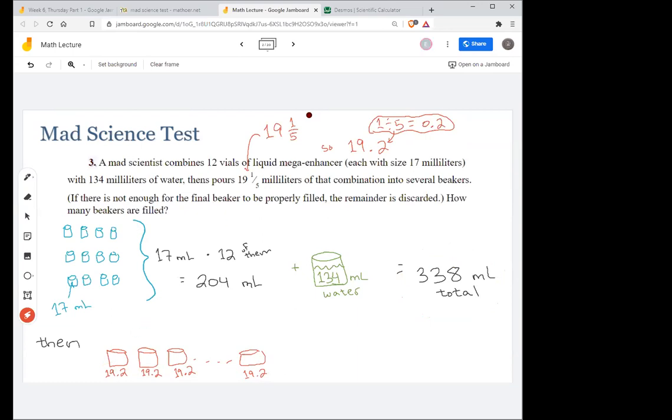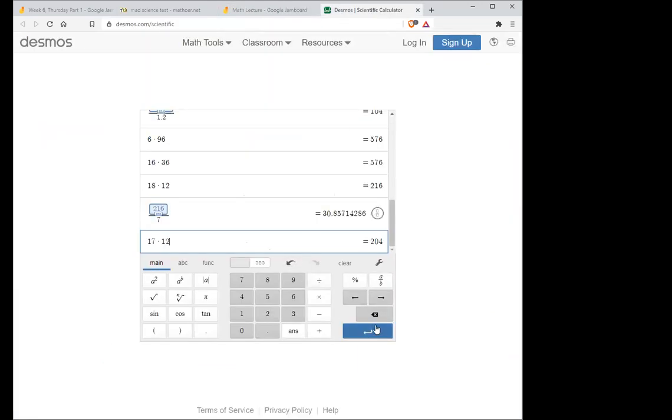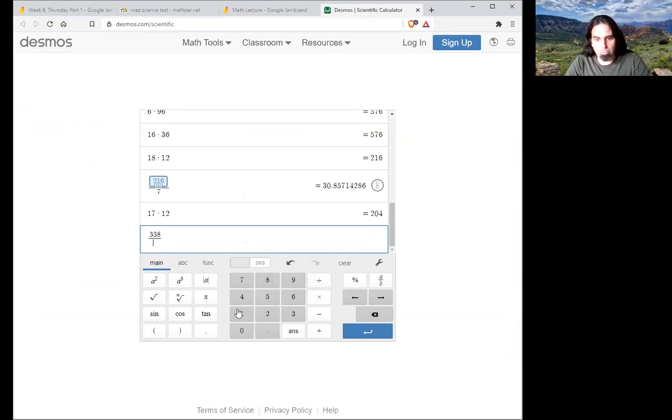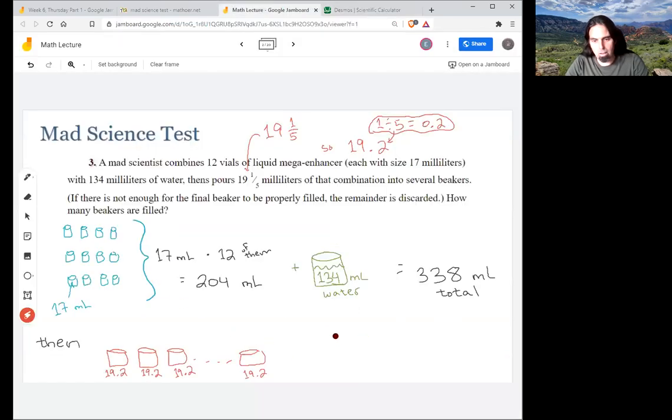Do you divide? Yeah. So 338 divided by 19.2 is 17.6. Whoops, I need to actually write with a thing.